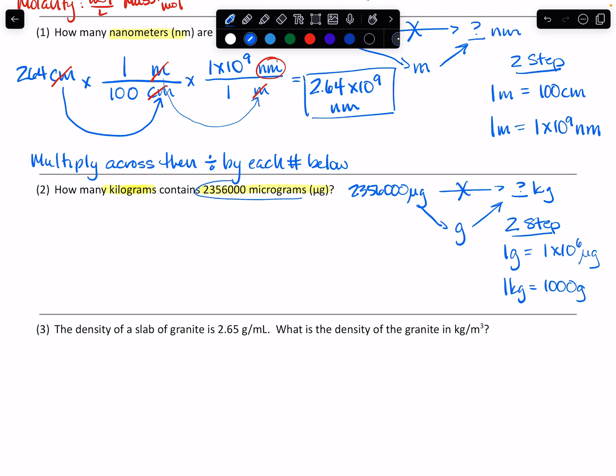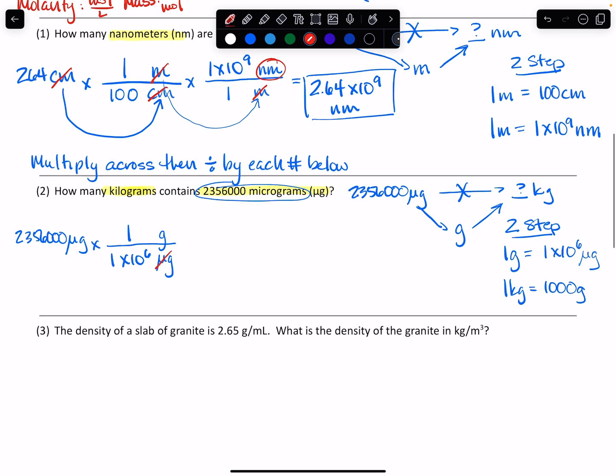So again, we start with the unit that has the number attached. 2,356,000 micrograms. My first conversion factor is going to put micrograms in the bottom, grams up top, and according to my unit equality, 1 gram is equal to 1 times 10 to the sixth micrograms.